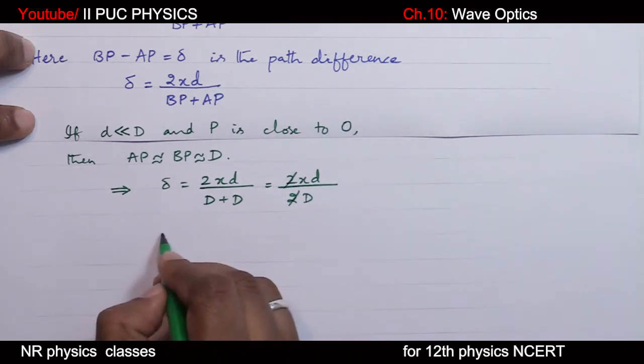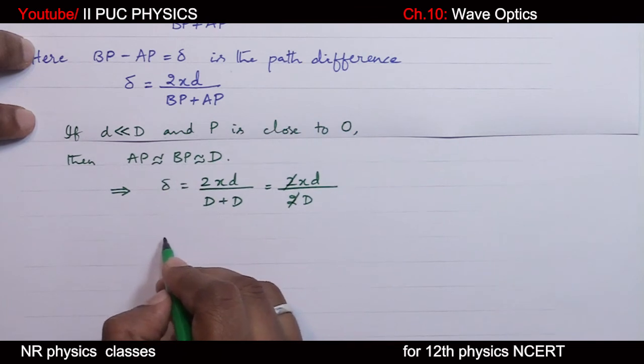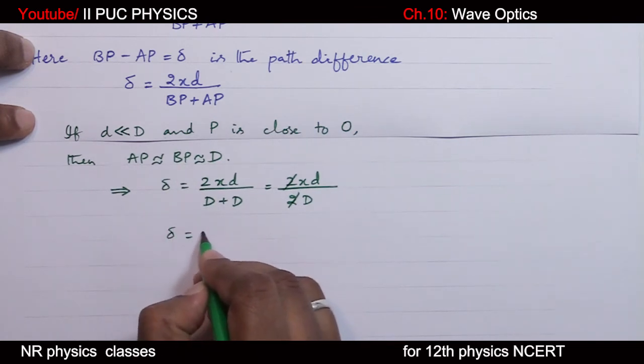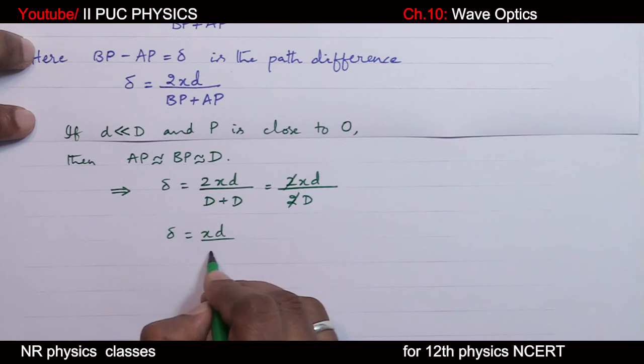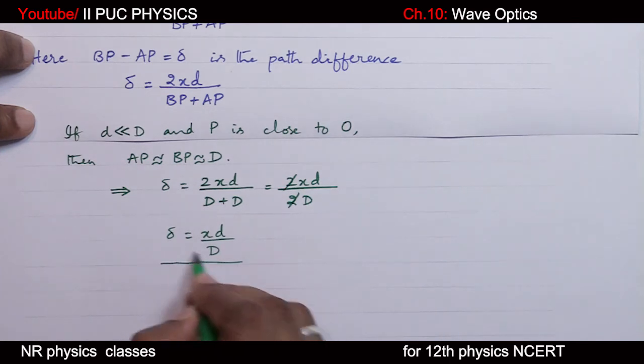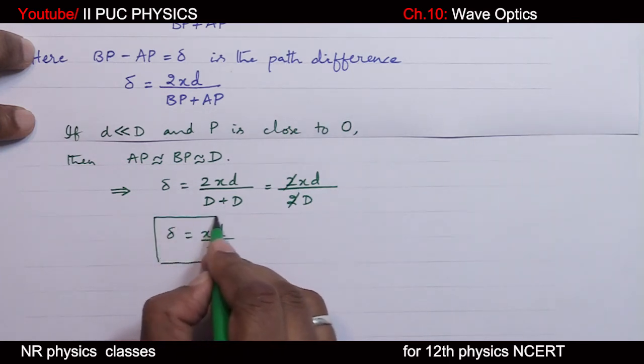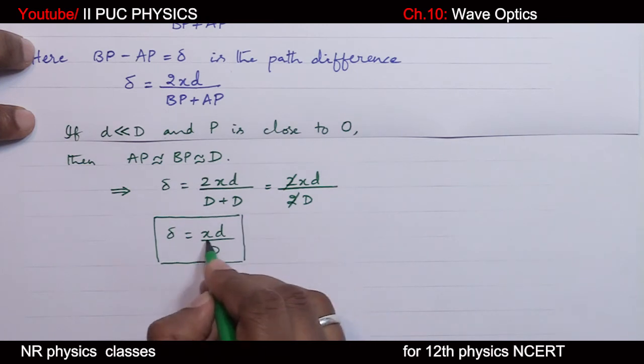The 2 gets cancelled. Therefore path difference equal to xd by capital D. So we have the expression for path difference in terms of xd by D.